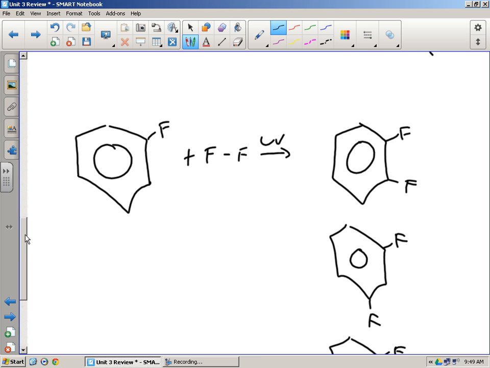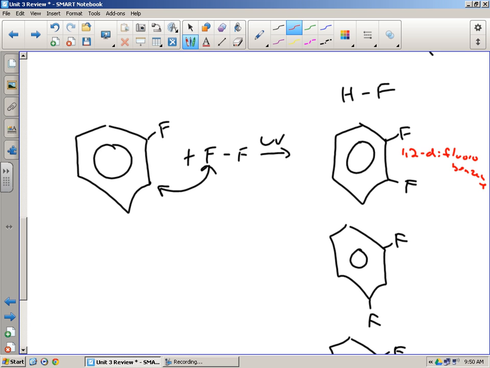However, because of that, you do get a lot of isomers. And don't forget, when the F goes on there, the H comes off, so you also get HF, hydrogen fluoride, as a product. I don't know if I really want to write all these out here. This would be 1,2-difluorobenzene.